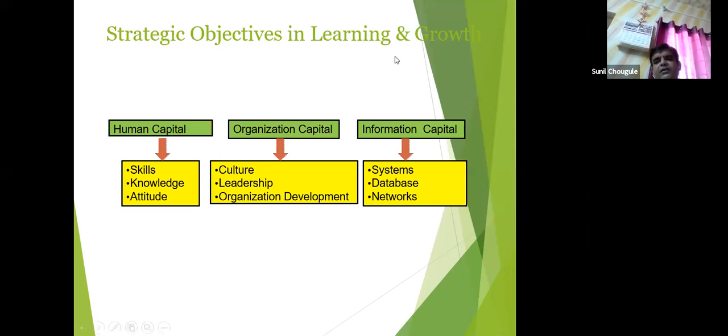Again, information capital, which requires systems, database, and networks. Database of their own internal customers like employees, and external customers like potential customers, existing customers, lost customers, territory-wise data, what they have. That also is very important for the growth sector.